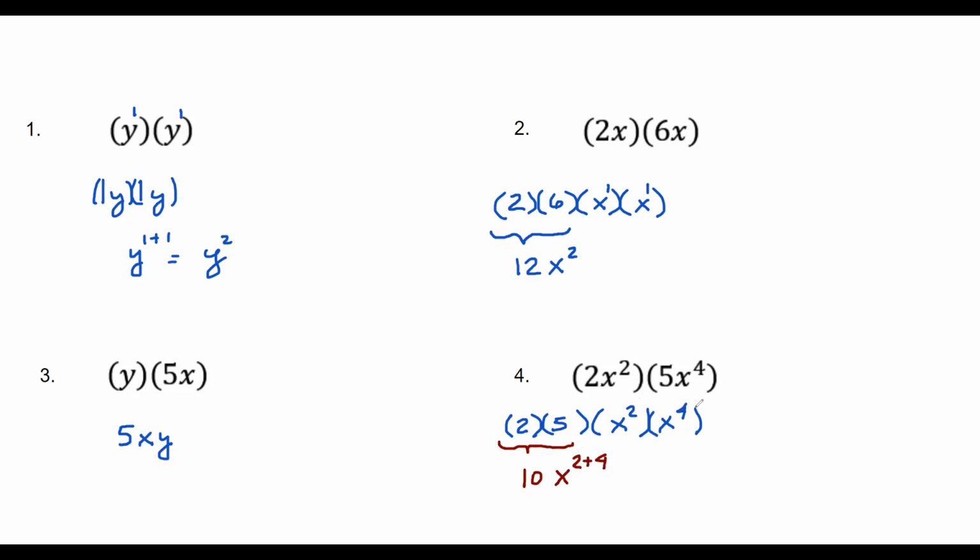Don't make the mistake of multiplying those exponents. That's the most common mistake that you would make. That might seem like the right thing to do because we're multiplying, but we have to add them to get the correct answer. So 10 times x to the 6th would be the correct answer for that question.